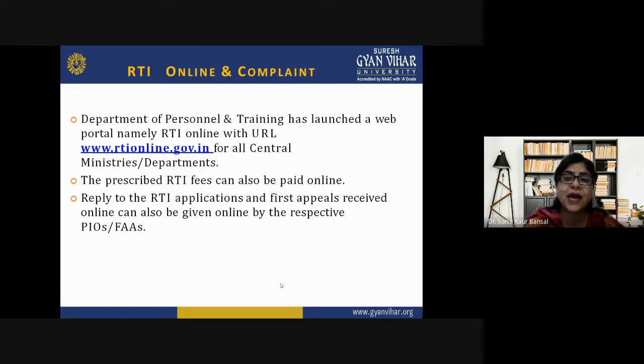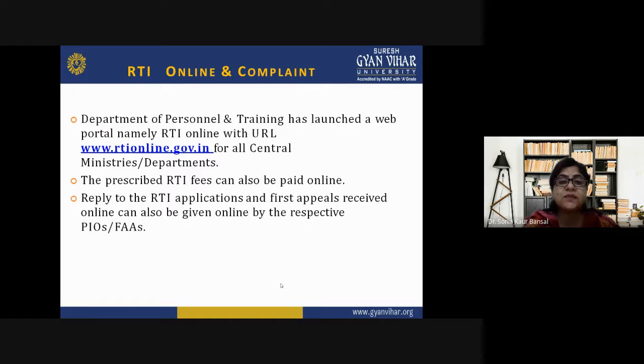RTI online and complaint. How is it done? Let's understand this also. The Department of Personnel and Training has launched a web portal. It's very important for all of you to understand about it, students. So there is a web portal, namely RTI online, with URL www.rtionline.gov.in for all central ministries and departments.